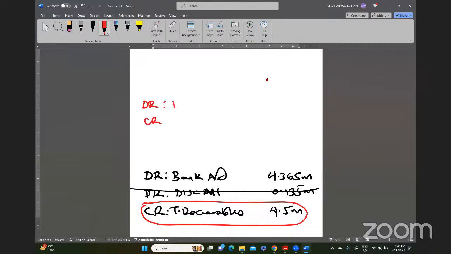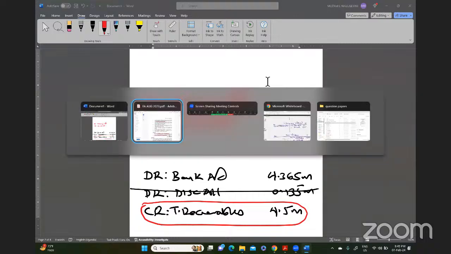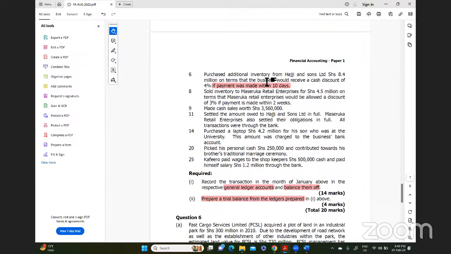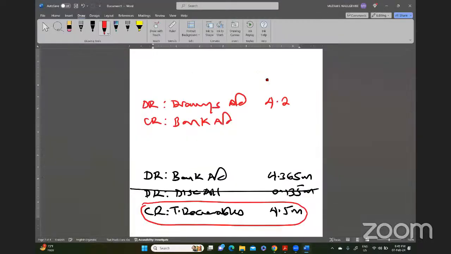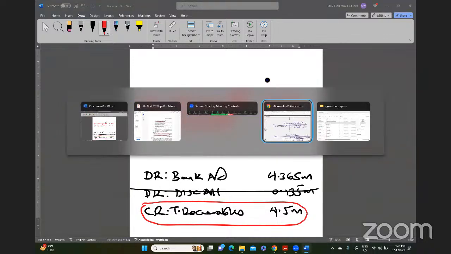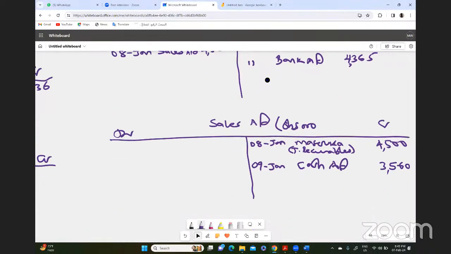We're debiting our drawings, and then we are crediting bank. Yeah, that is 4.2 million. So what we don't have is the drawings account. So let's just come up with the drawings account.